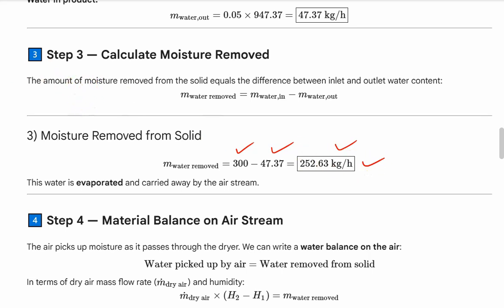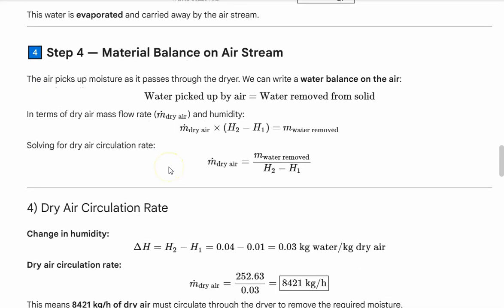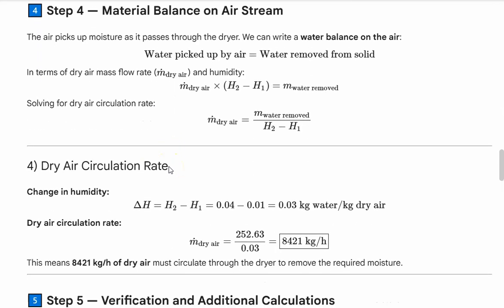Now step 4, the material balance in the air stream. So we have to calculate how much air is needed for this drying process. Now here, the air picks up moisture as it passes through the dryer. We can write a water balance on the air. So water picked up by the air is equal to water removed from the solid.